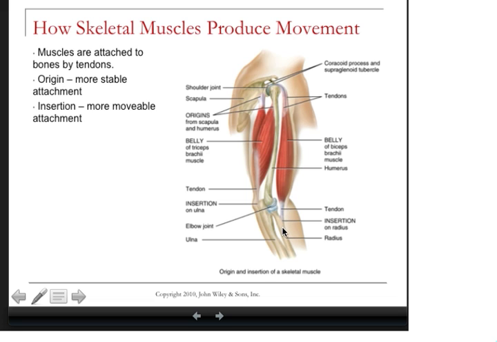So the radius and the humerus reduce their angle between them. That's arm flexion, elbow flexion, and that produces the movement. So this is the insertion, and these guys up here are the origin.